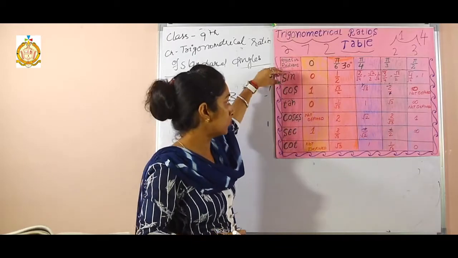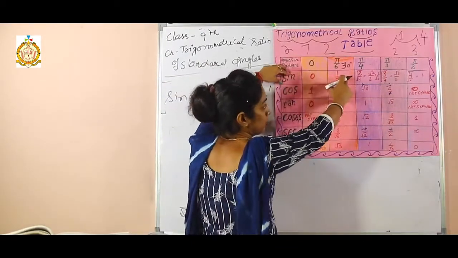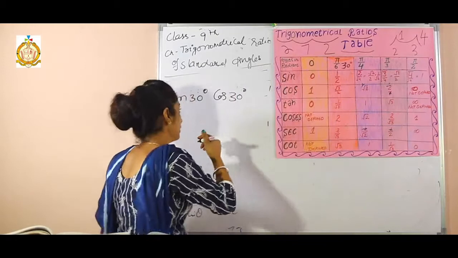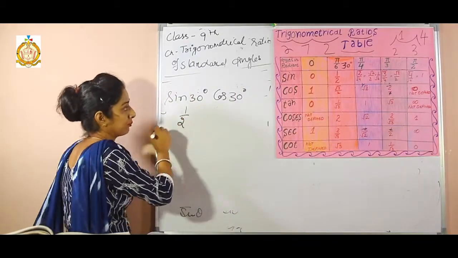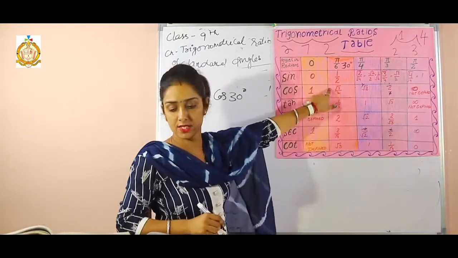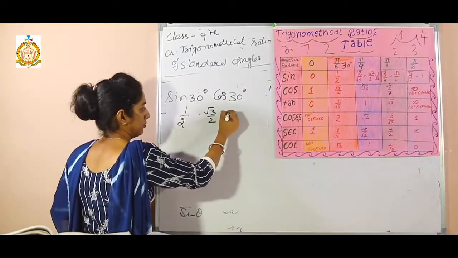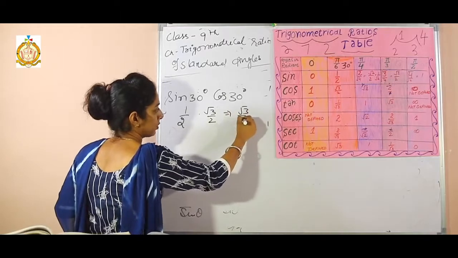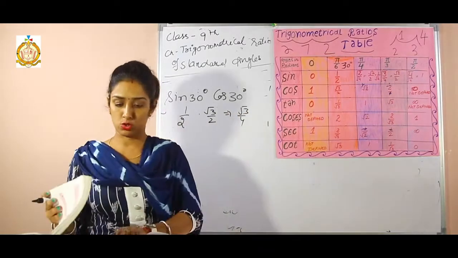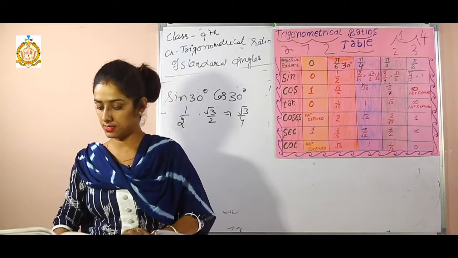What is that? We take sine and go up to 30 degree, that is 1 over 2. Now cos 30, that is under root 3 by 2, means we get under root 3 by 4 as your answer. So under root 3 by 4 is your answer.